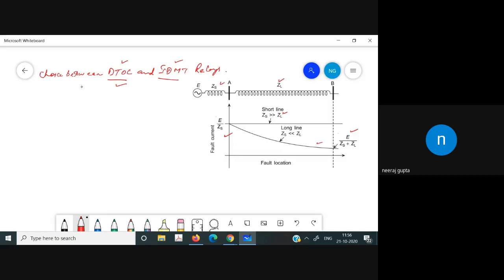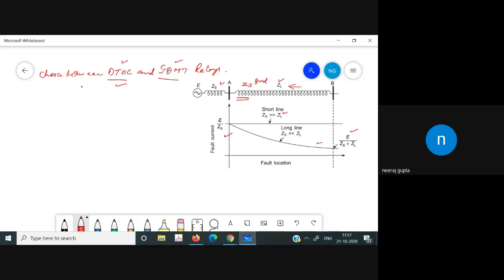When ZL decreases as we move towards A, the current will increase. Now, if the line is short, in that case ZL is very small.